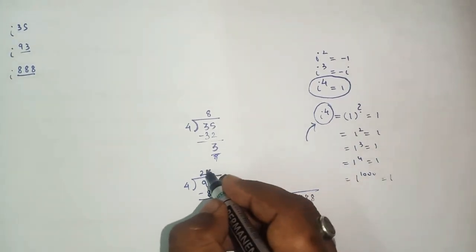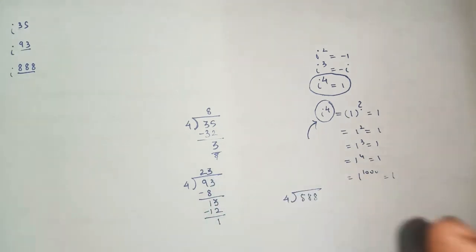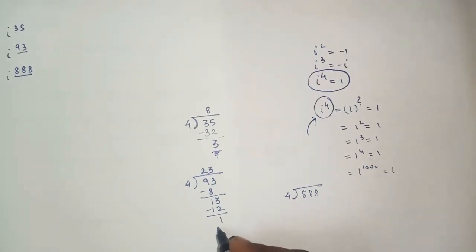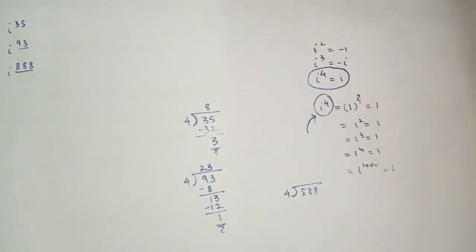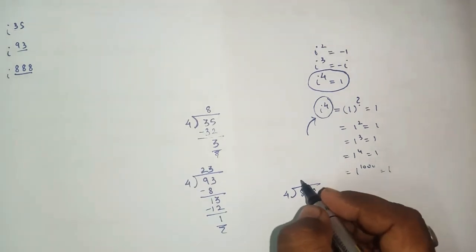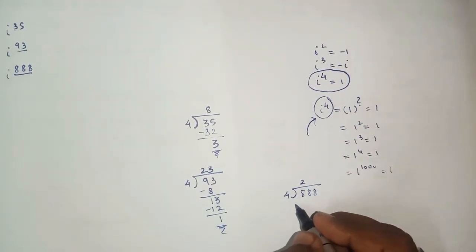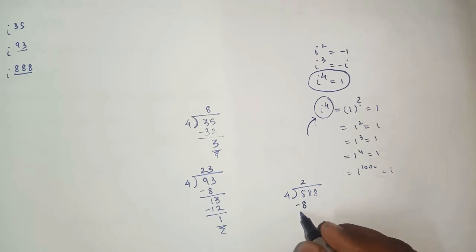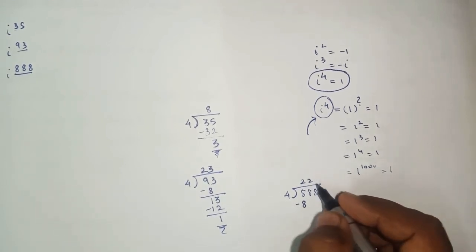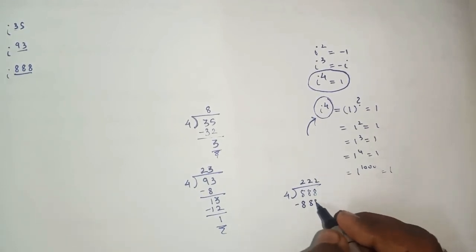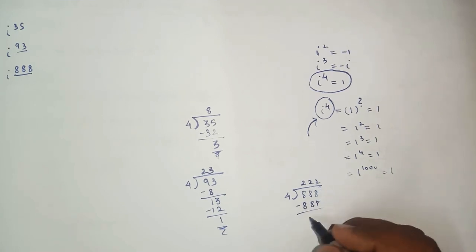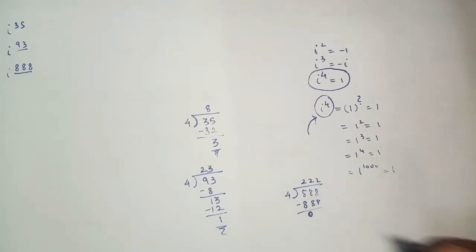Don't solve the sum further. Don't write the answer in decimal. Whatever remainder you get, stop your answer. Now 4 2s are 8, and 4 into 222, here we will get the remainder as 0.